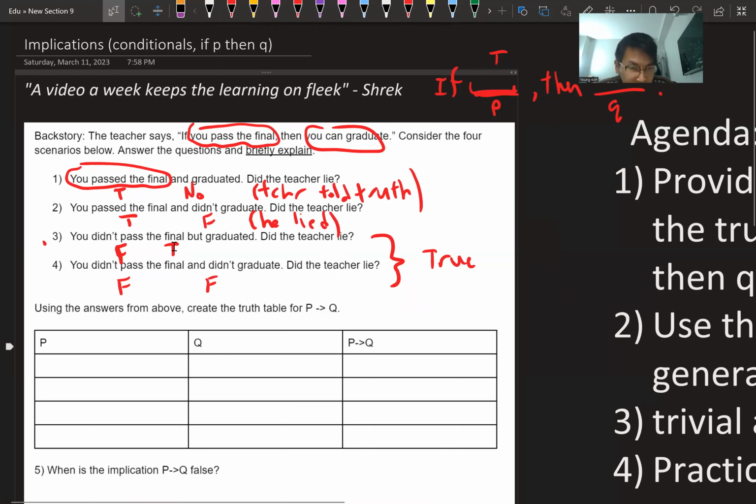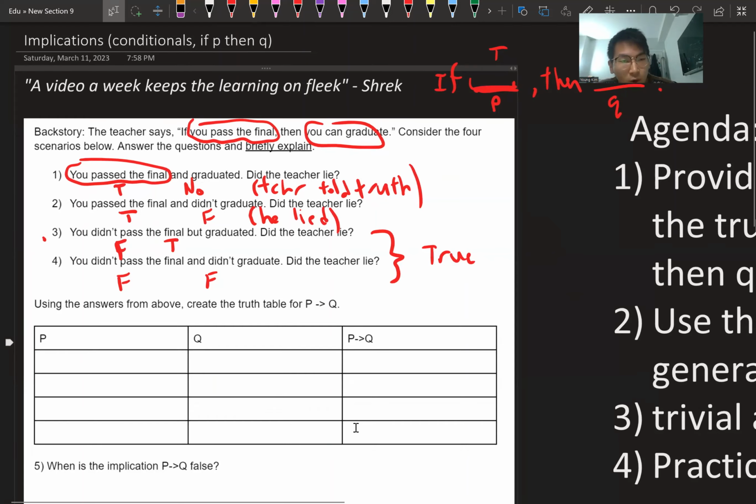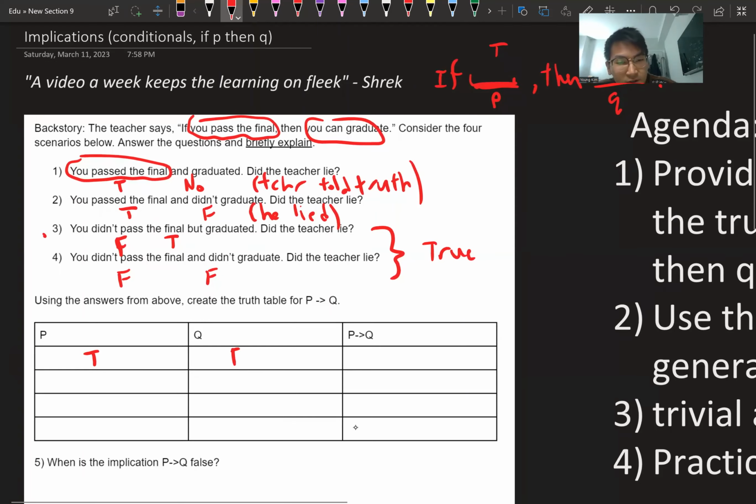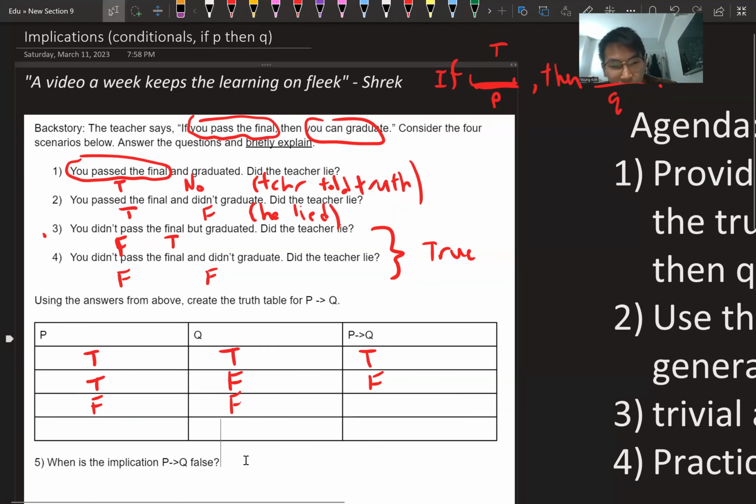Now using these values, we can fill in this table. Number one: T, T, and the teacher told the truth. The second one is T, you did your part, he didn't, and this was false. Here you didn't pass the final, so this was false, and then you didn't graduate. Oh, sorry, that's the fourth case. Apologies.